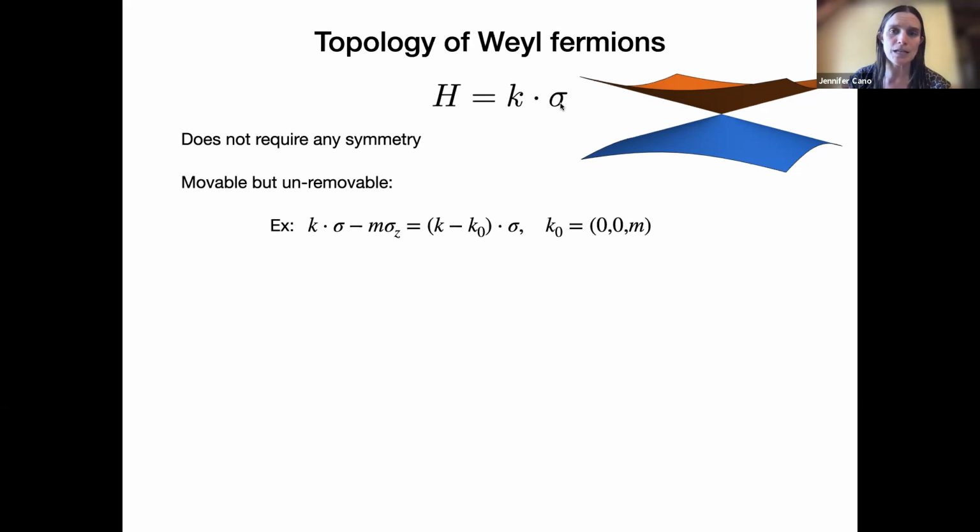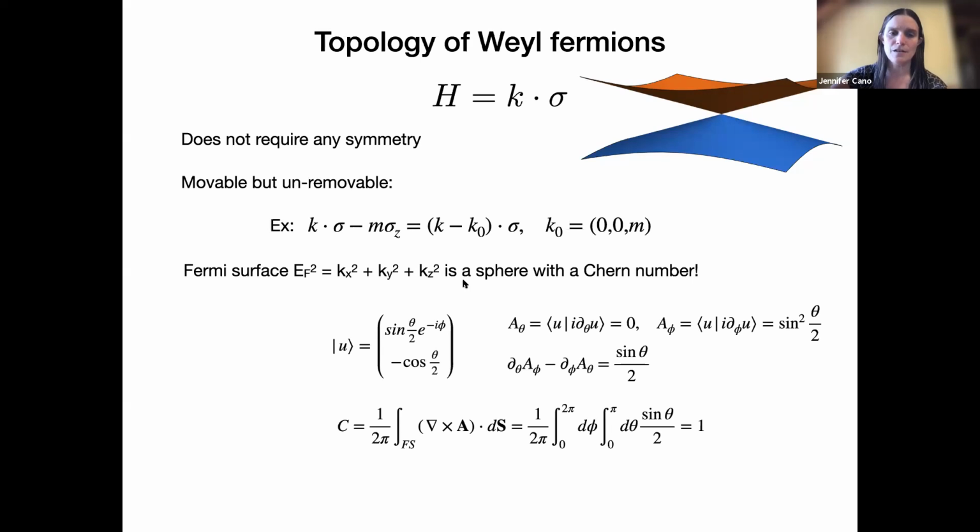So in order to get a band crossing, if we expand the Hamiltonian in the basis of Pauli matrices, we'll get three functions, which are the coefficients of sigma x, sigma y, sigma z. So we have three functions of three variables. And a band crossing occurs when those functions all have simultaneous zeros. Three functions of three variables can have zeros without any fine tuning. And so that's why this doesn't require any symmetry. If we were in a different dimension or had different numbers of bands crossing, the situation would be different.